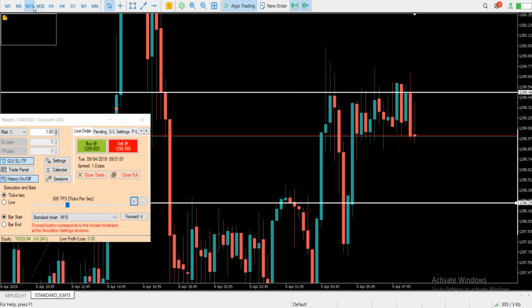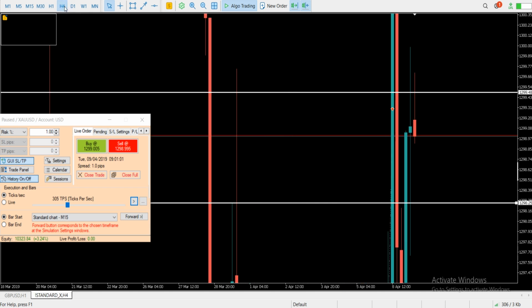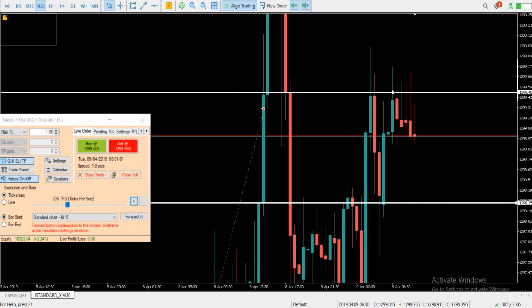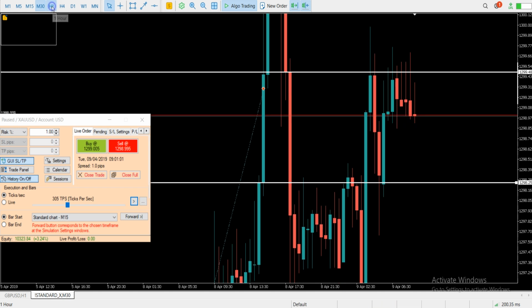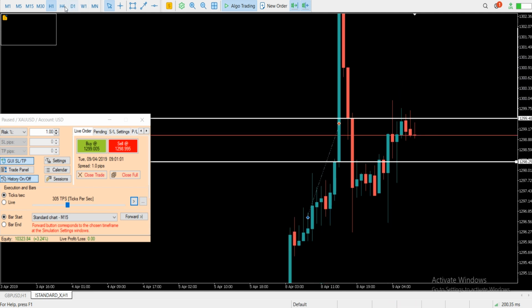Let's take a look at M15. Okay, M30. M30 gave rejection from the top side. This candle closed with a rejection. Looking at the 1 hour, this candle closed with a big rejection. I believe that we can go down, right?